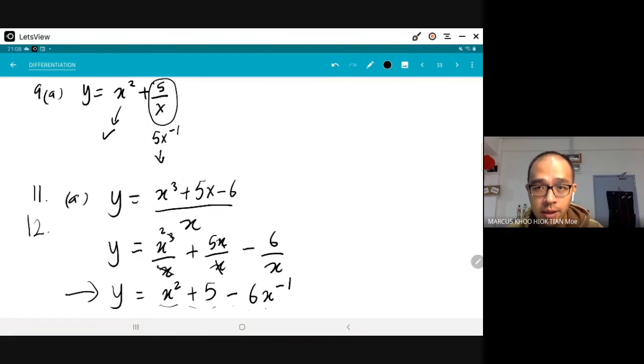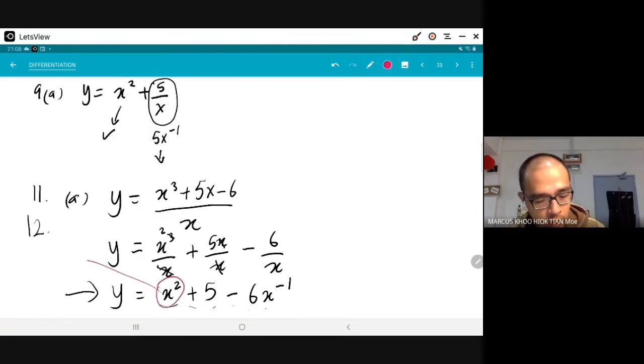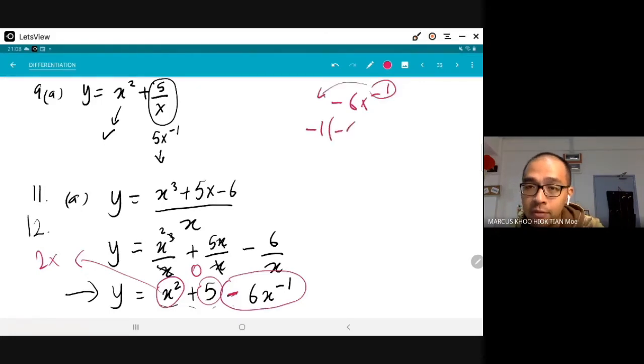When you differentiate x squared, you get 2x. When you differentiate 5, you get nothing. For this one, don't forget that there's a negative in front of the 6. When you bring the negative 1 forward, it multiplies with the negative 6, and the x power becomes minus 2.